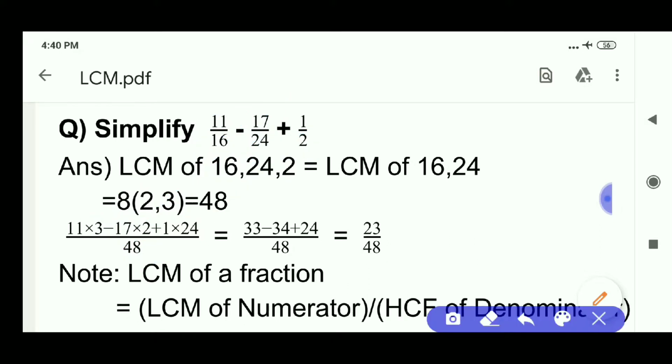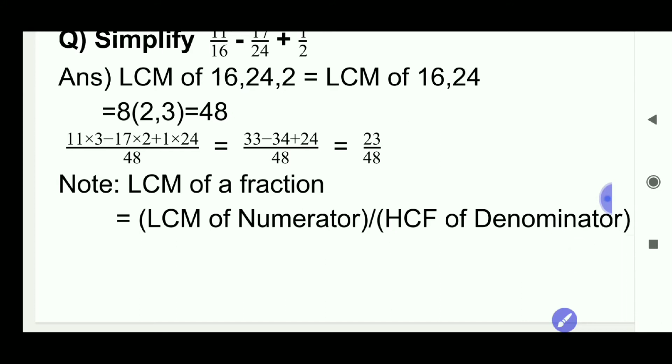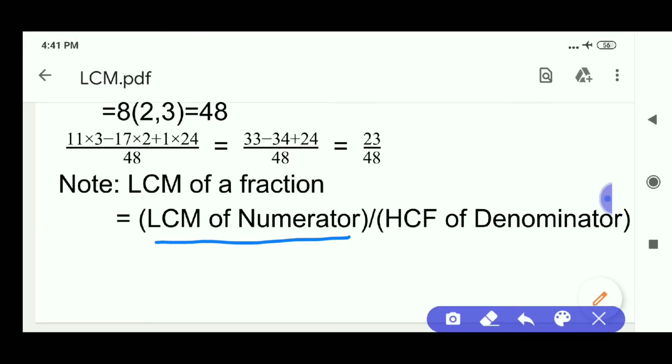Now it is 11 into 3 is 33, minus 17 into 2 is 34, plus 1 into 24 is 24. By simplification we get 23 by 48. Note, LCM of fractions is LCM of numerators by HCF of denominators.